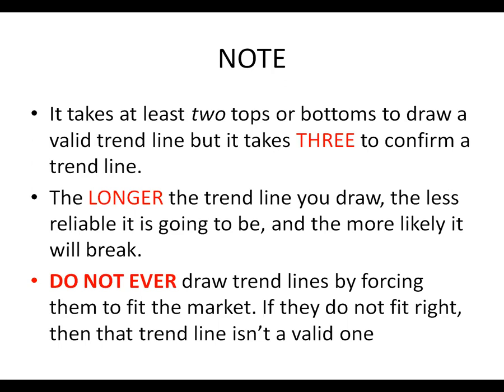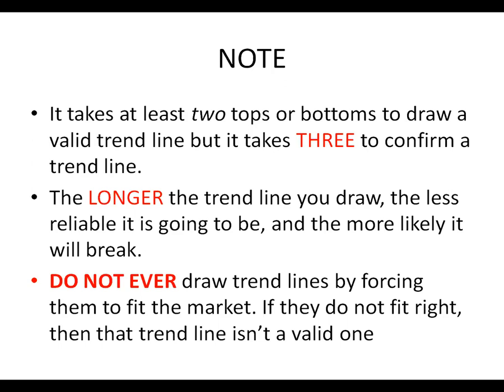So for instance, the market has given you 2, 3 bottoms, 4 bottoms, 4, 5, 6. And at that level, the line you're going to draw is going to be a long one. So at that level, it is possible that that trend line will be broken. Once you get 1, 2, 3, 4, sometimes the fifth bottom will break it, or sometimes it continues.